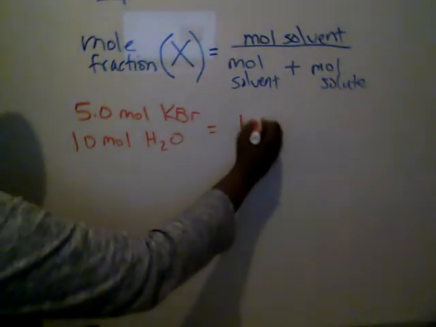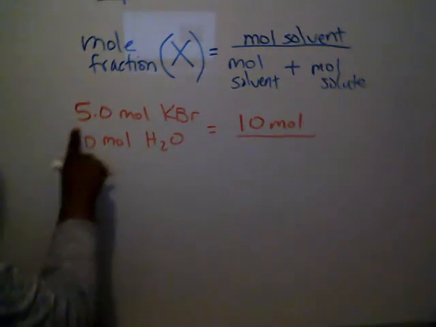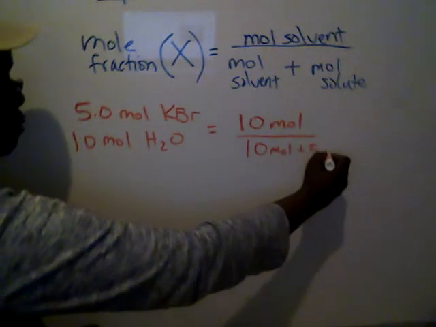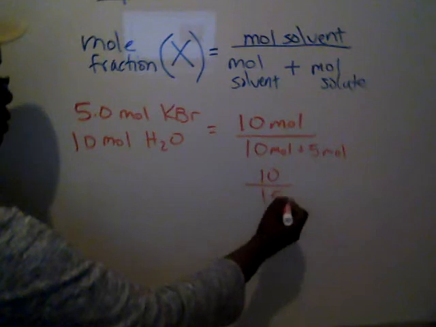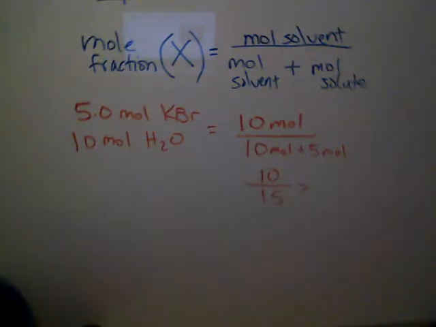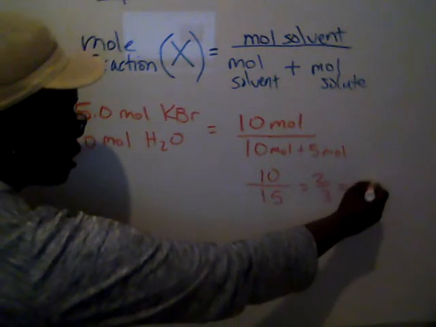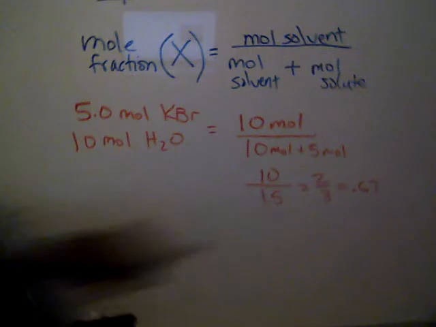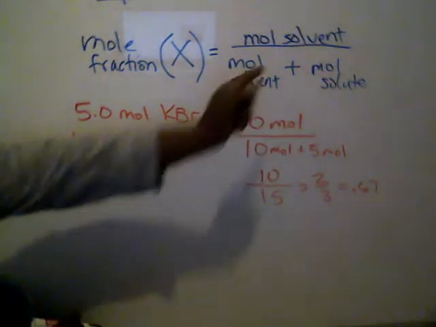So we would do 10 moles on the top, and we want to do the two added together, solute and solvent together. So 10 moles plus 5 moles. Okay? So we get 10 over 15, which would simplify to 2 over 3, which is about 0.67. Okay? So our mole fraction is 0.67. Of that mixture, about 67% is solvent.